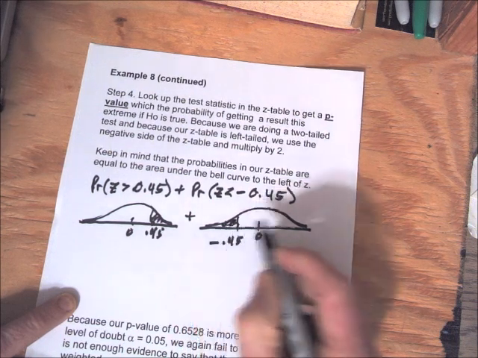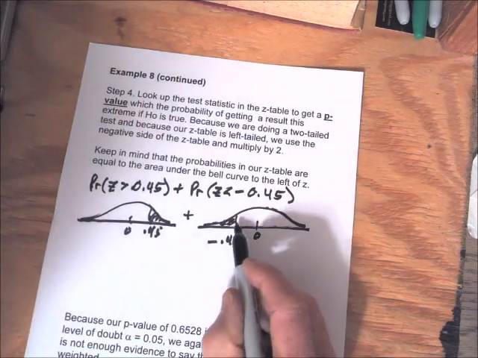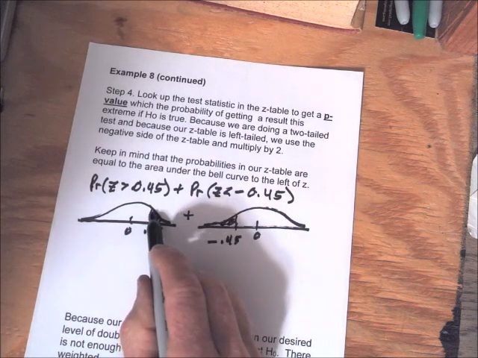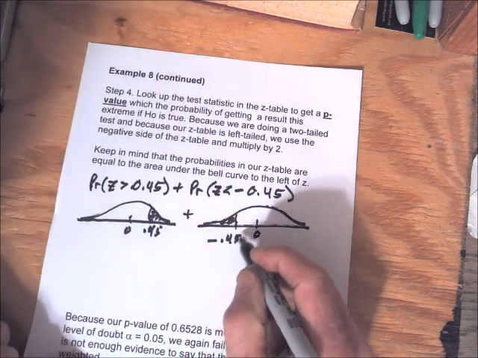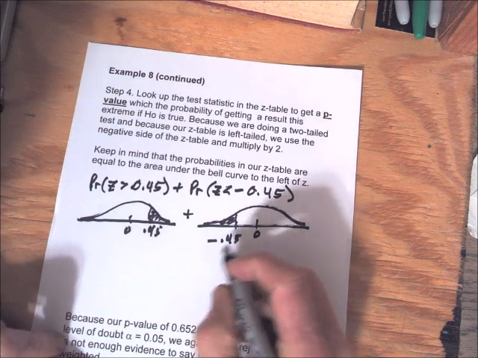That's this probability here, but the bell curve is symmetric, so the left tail is going to be the same size as the right tail, and because of the way our table is set up, it only gives the left tail.